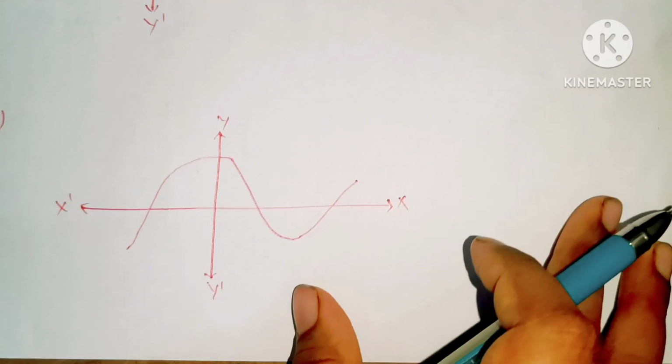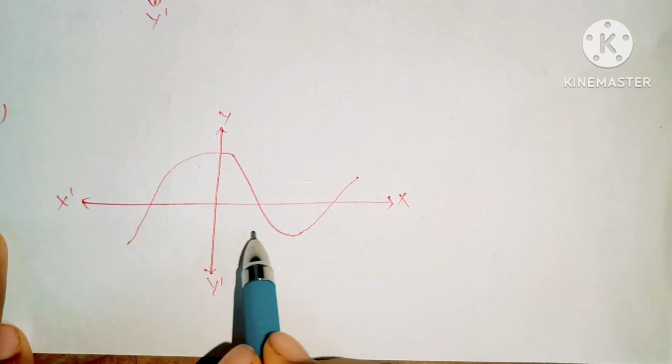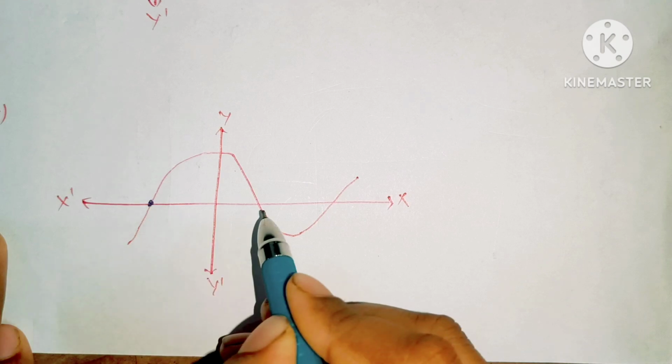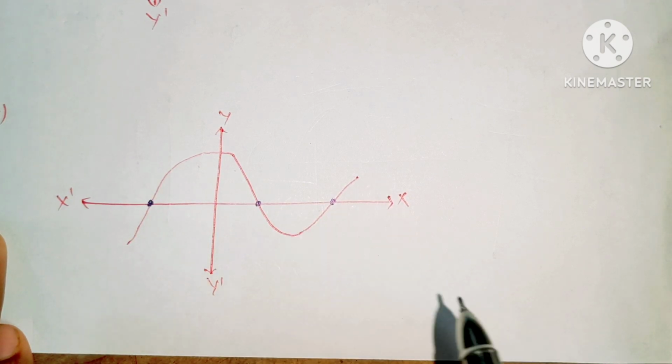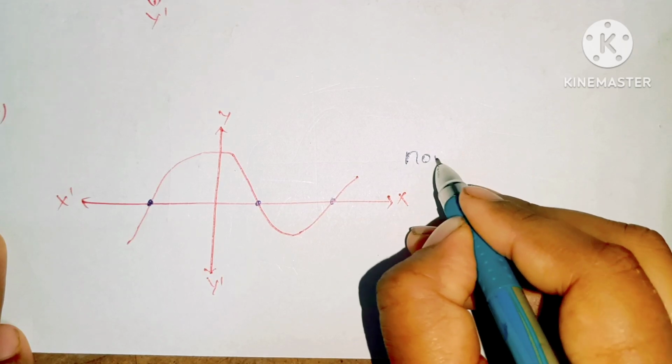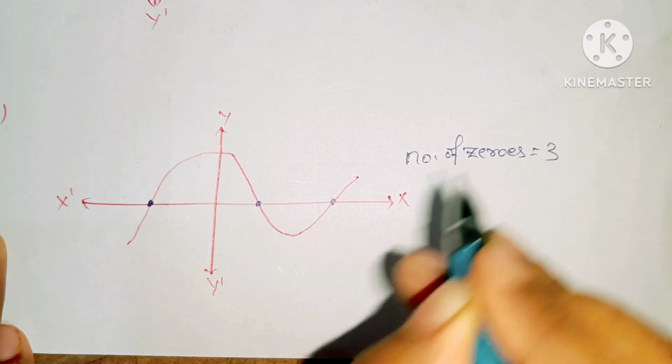Next, in this given figure, how many points is it intersecting on the x-axis? See here, 1, 2, 3. So at 3 points of the x-axis it was intersecting. So number of zeros equal to 3.